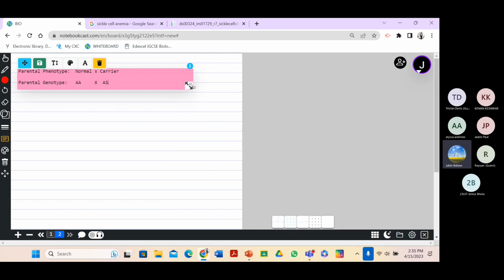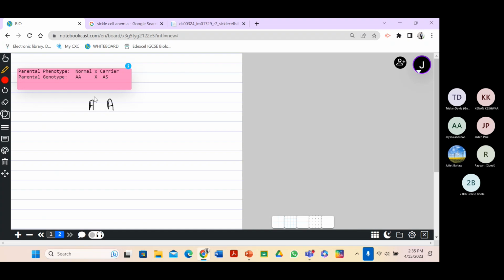So let's just show using a Punnett square now. So we have AA crossing with AS, which is sickle, the codominant case.